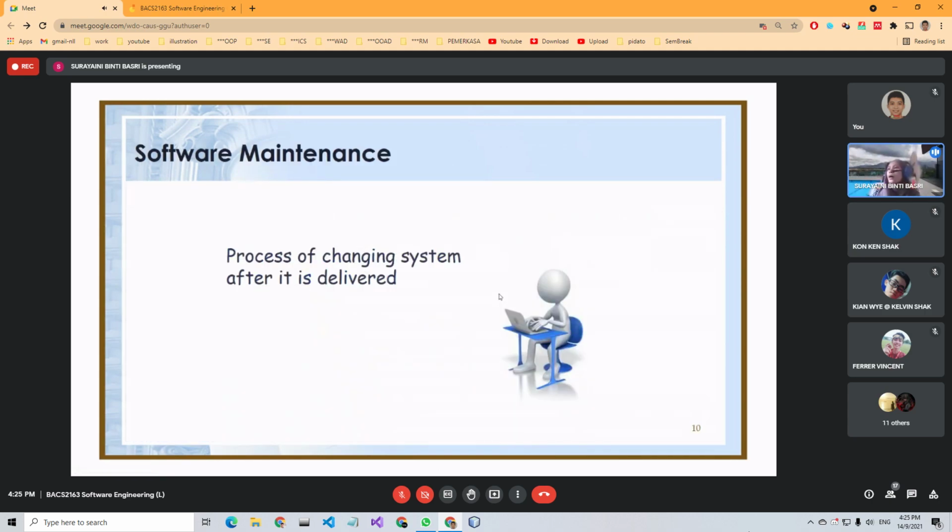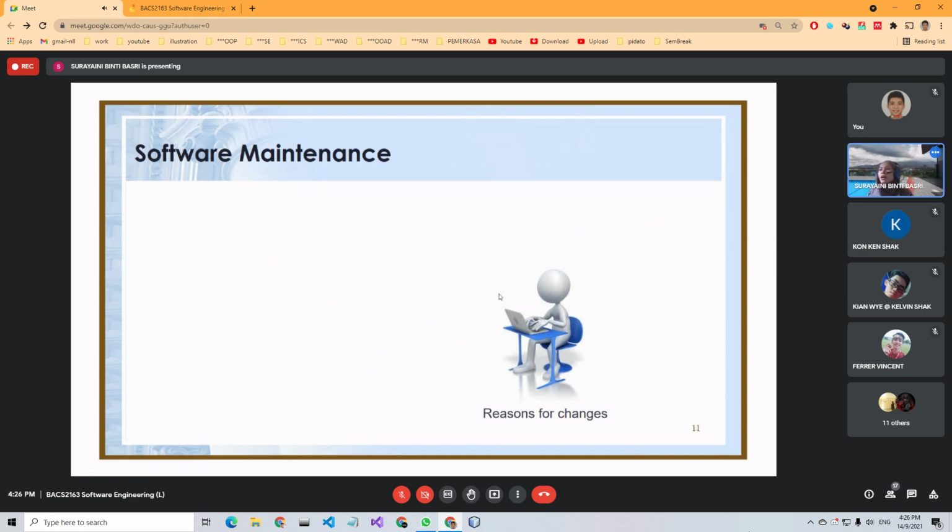The process of software maintenance, if you all remember the SDLC, is the last stage of SDLC. It is the process of changing the system after it is delivered to the client side.